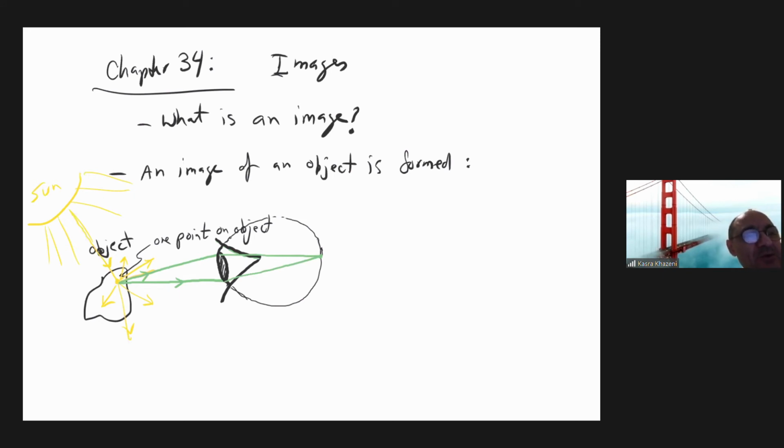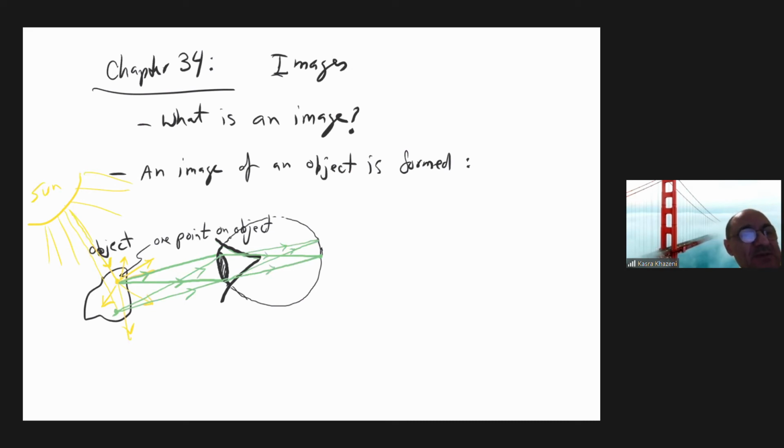And then, of course, there are other beams. Maybe another sun beam goes in here and produces two other beams going into my eye, and my eye will focus them into another point.